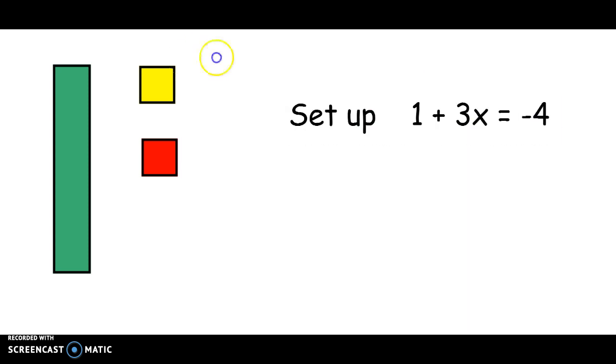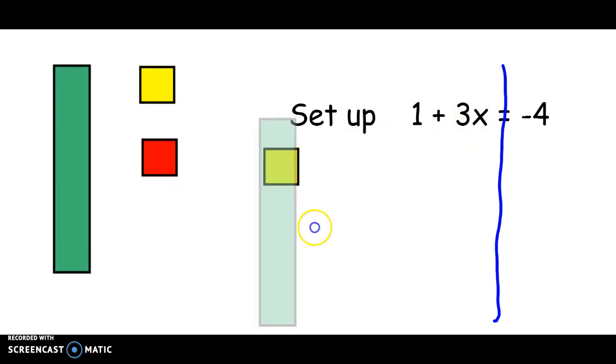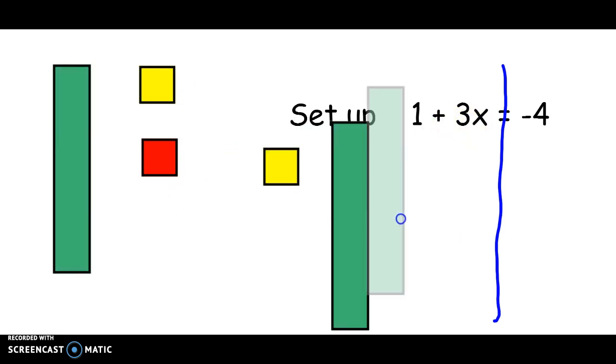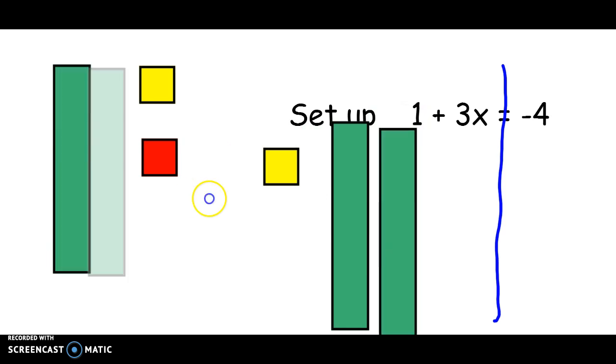All right, let's try this one. I like to think of the equal sign as a wall, so I do the left side first, and then I do the right side. So I have positive 1, so I'm going to do a 1. And then plus 3 x's. So 1, 2, 3.